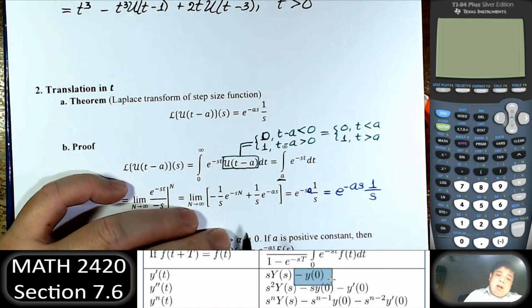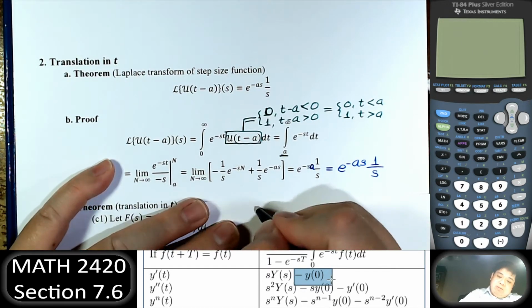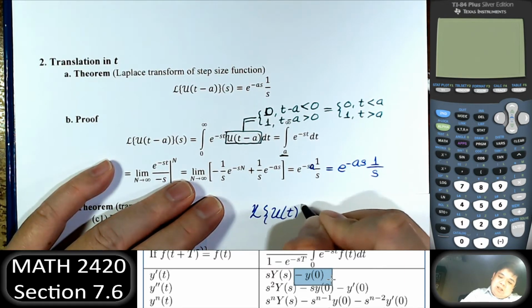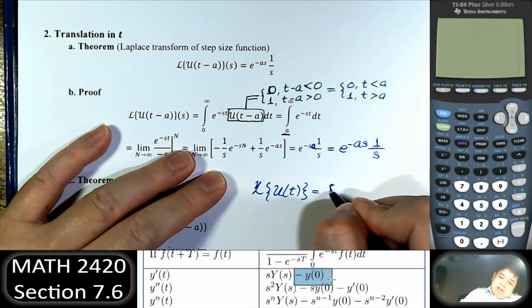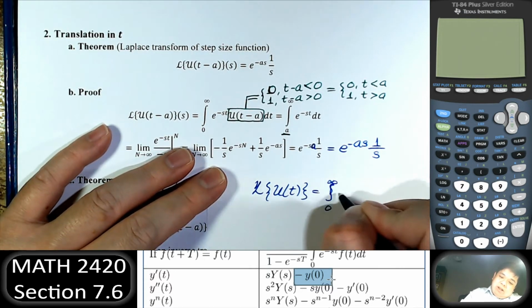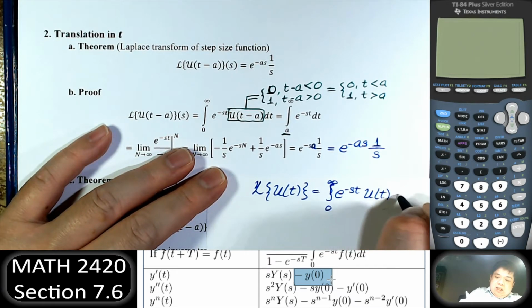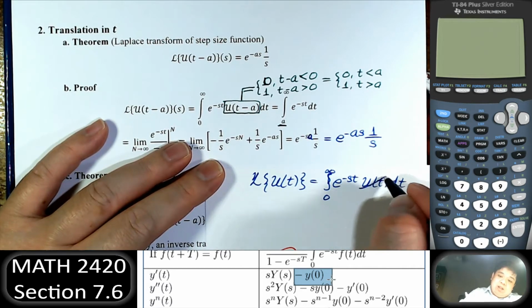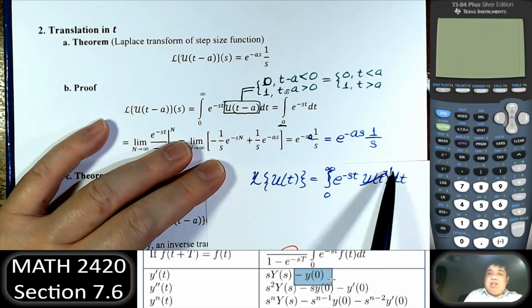Now, of course, what happens if we just have the transform of u of t? By definition, the integral from 0 to infinity of e to the negative st u of t dt. Now u of t is equal to 1 when t is greater than 0, so it doesn't do anything if the function is equal to 1.